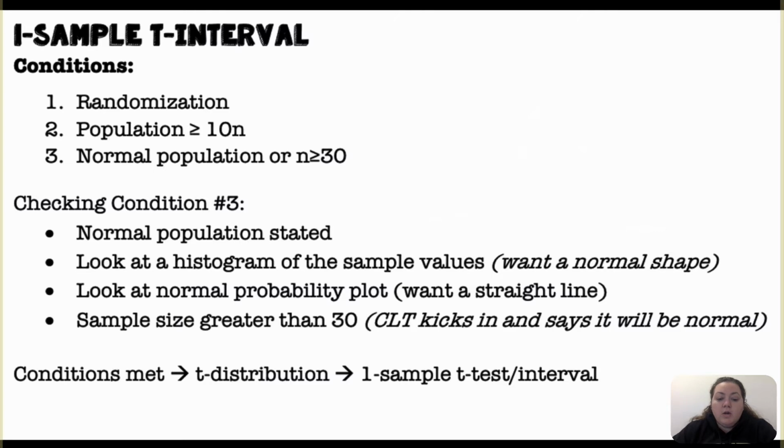We can look at a normal probability plot, and we want it to be pretty straight, like form a straight line. And sample sizes can also be greater than 30, which kicks the central limit theorem in, right? So if that is true, we're going to say our conditions are met. We're using a t-distribution, and we're doing a one-sample t-test or t-interval.